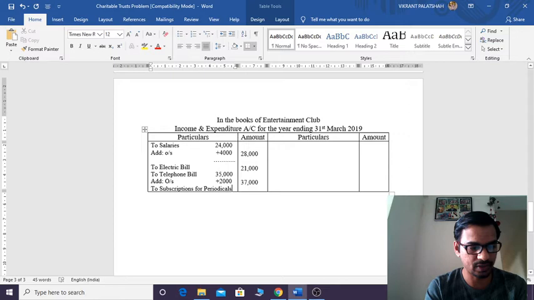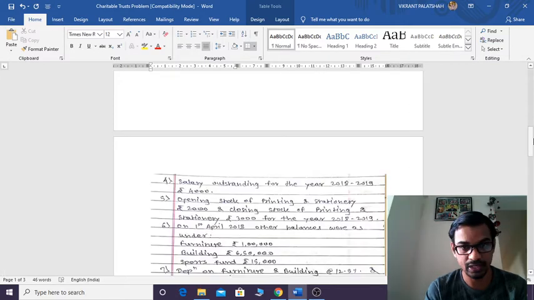Now next one, again on the payment side, is printing and stationery. Printing and stationery total amount given is 13,000. There is an adjustment on that. What is the adjustment? Adjustment number 5: opening stock of printing and stationery rupees 2,000, closing stock of printing and stationery is 3,000 for the year 2018-19. So we have to make both adjustments.